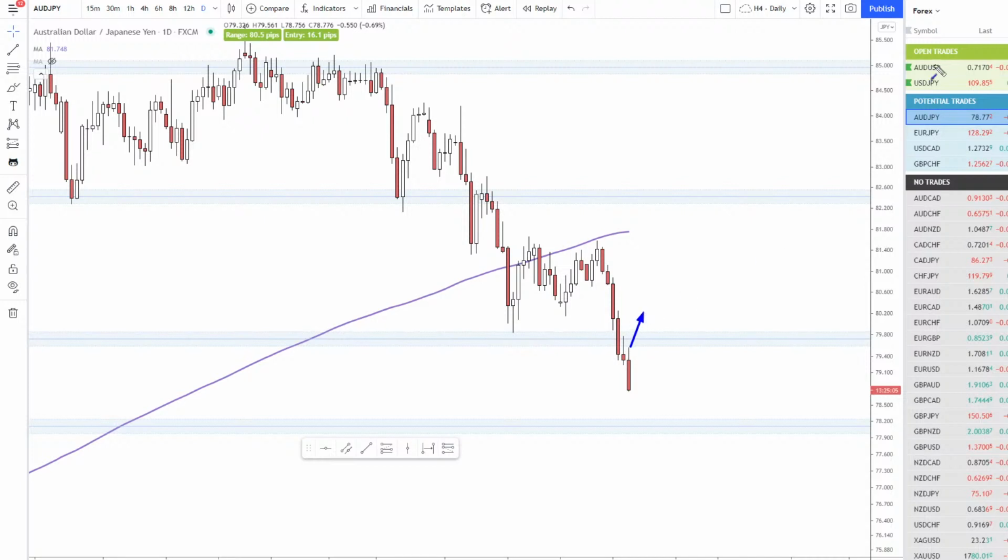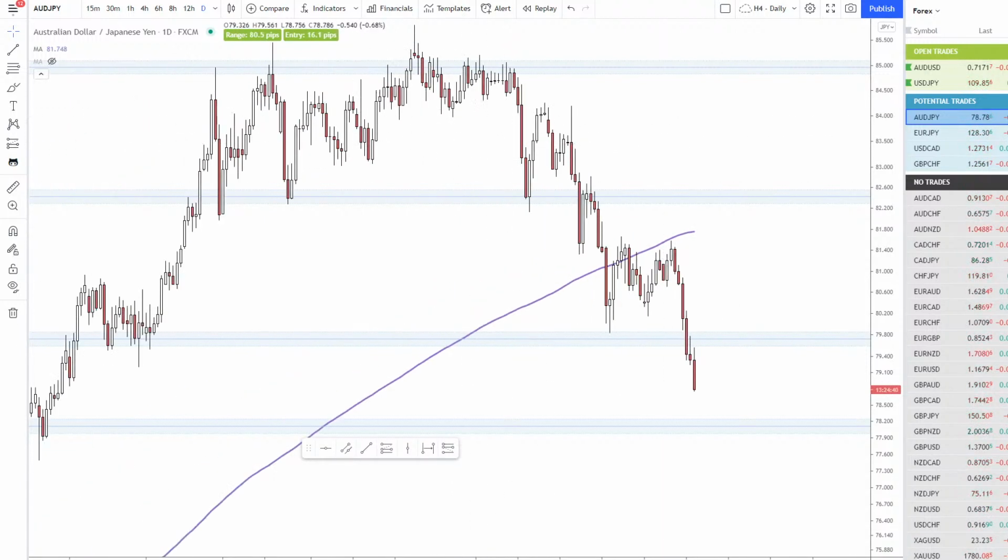I know that goes against my AUDUSD short position, but when I say short-term long, I mean a few days while price shoots back up and then drops down, and we just capitalize from price moving back up a little bit. But I also said that, because AUDJPY has clearly started a bearish trend, it has broken the 200 moving average, I wouldn't be surprised if it just smashed straight through this support area eventually.